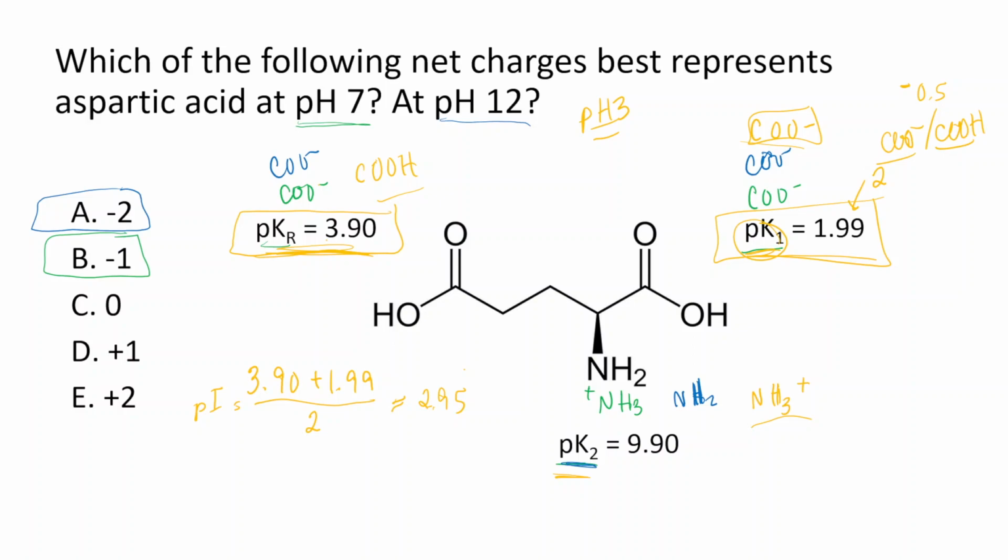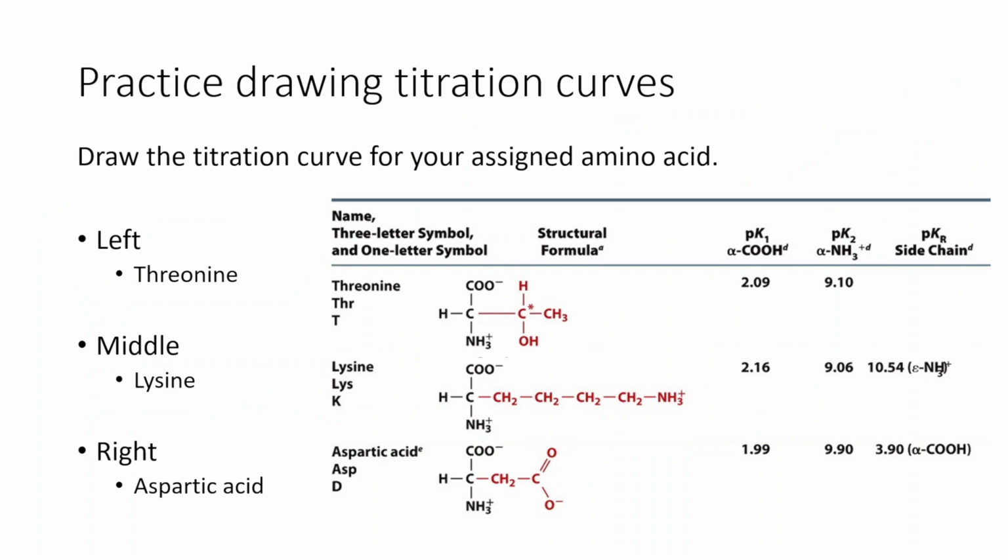So let's think some more about titration curves now that your brains are a little bit warmed up. I'm going to split the class into 3 different groups. Everyone is going to draw the titration curve for one of these amino acids, and then we'll all come together and discuss it together. So I guess we'll make it your left, so people on this side of the room can do threonine, people down the middle of the room, you've got lysine, people on the right, you've got aspartic acid.